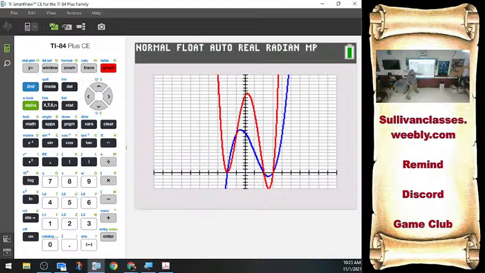Why does that go through the axis, that go through the axis, that go through the axis, but the blue one bounces off the axis? Look at your zeros. I want you to see if you can figure out why that happens. Why do most of these go through the axis like a line, but that one bounces off the axis? Look at your zeros. Look at how many of each zero there is.